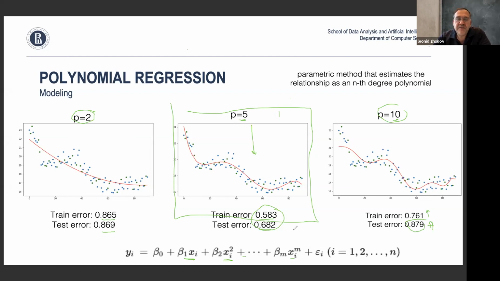Or sometimes this change from this test error to this test error, this 0.2 drop, can look good on paper for a data scientist, but it might not be valuable for a business. It might not affect the business that much, because you don't know what it's used for.